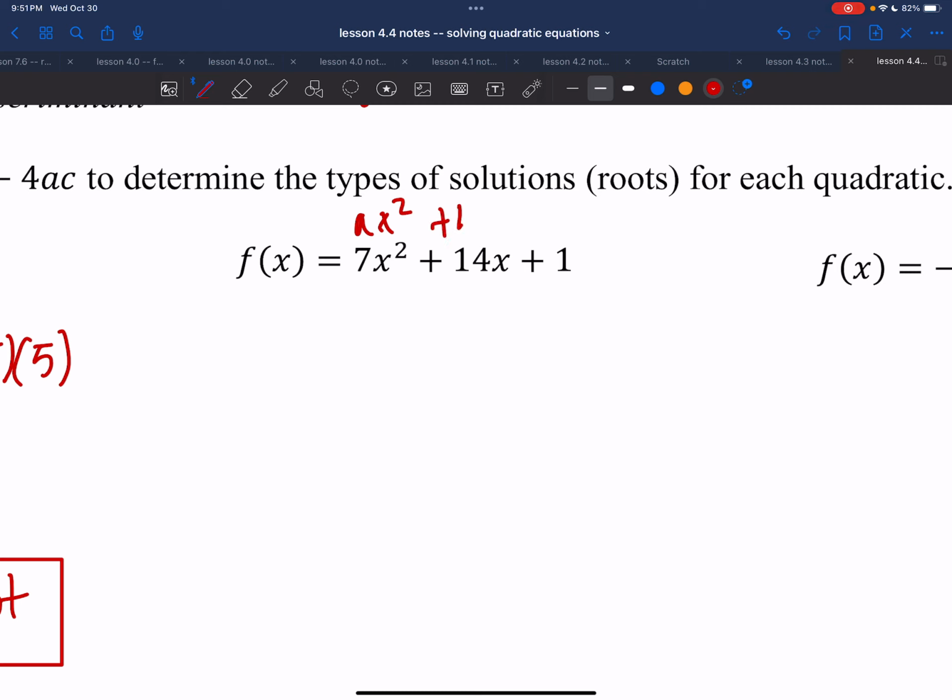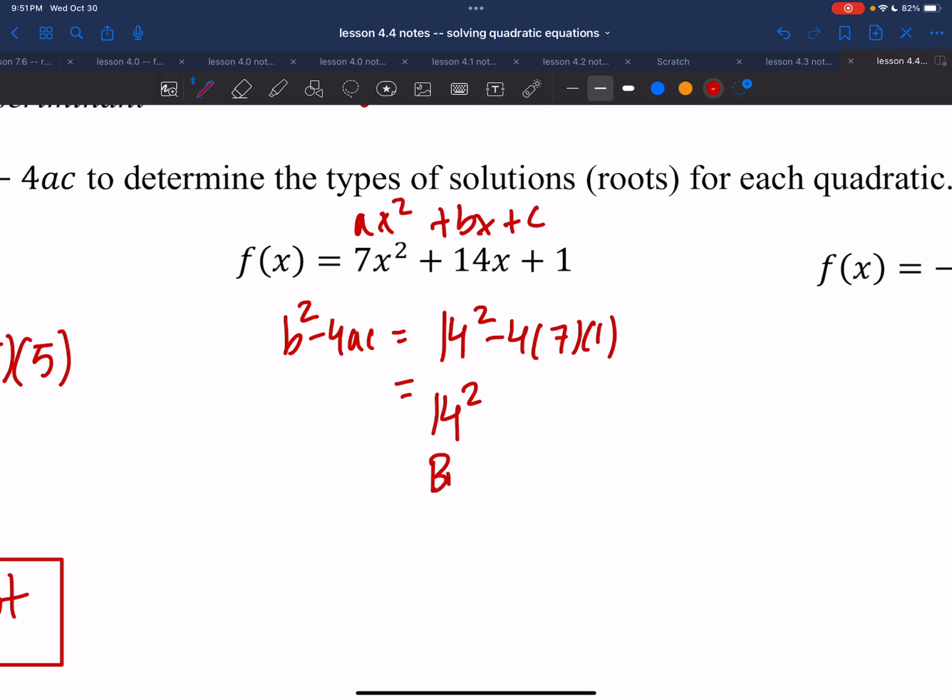Ax squared plus bx plus c, b squared minus 4ac is going to come out to 14 squared minus 4 times 7 times 1. And look, this is kind of the nice thing about the discriminant. You don't even really have to evaluate it. Just think about it. 14 squared, well, that's really big.